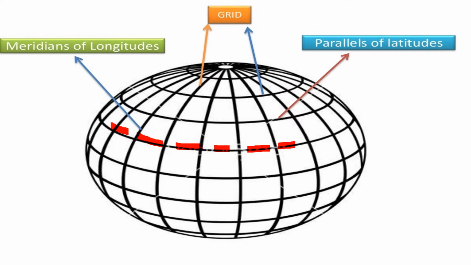They are the long lines. They connect the North Pole to the South Pole. Now I'm going to show you the North Pole. That's right here. If you can see, and somewhere below it exactly would be the South Pole.